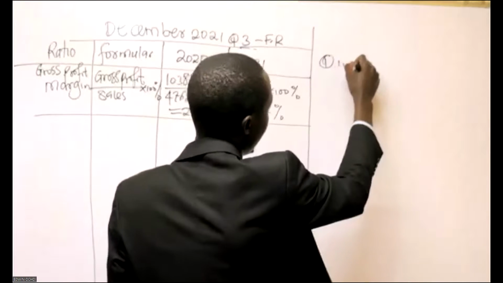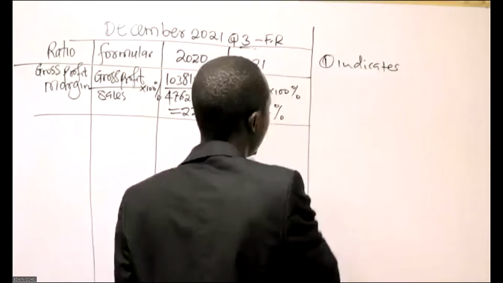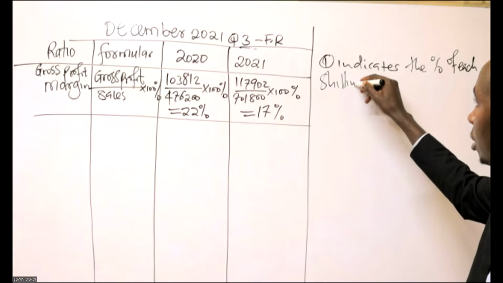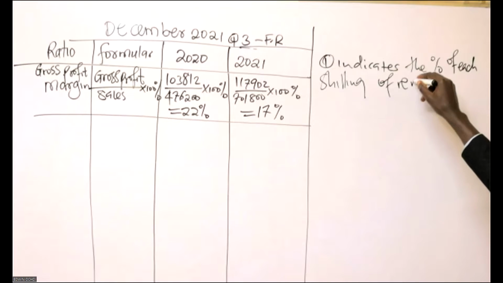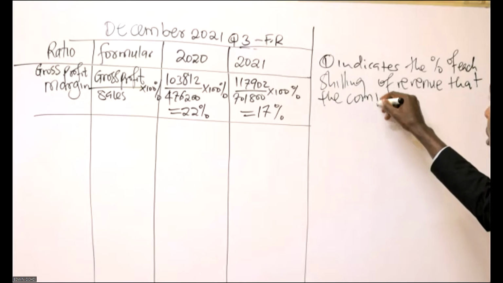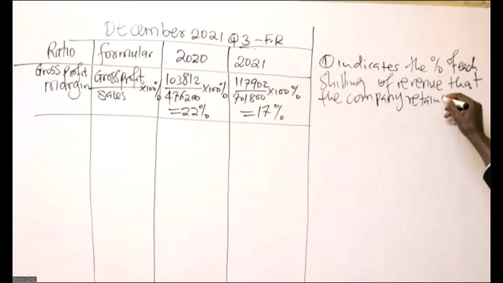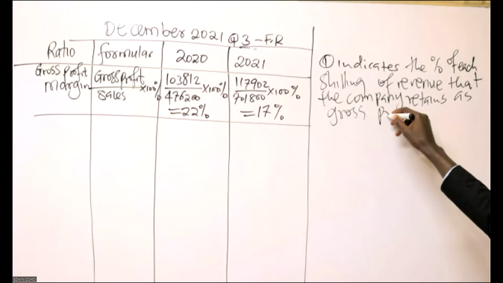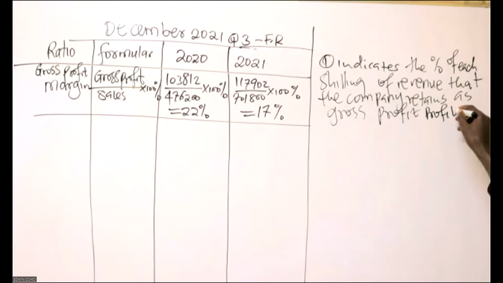If you want to explain here, you say it indicates the percentage of each shilling of revenue that the company retains as gross profit.